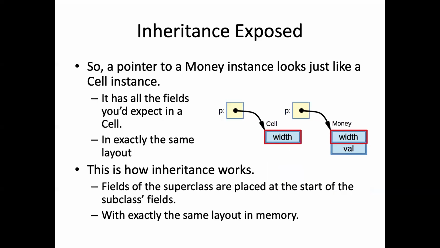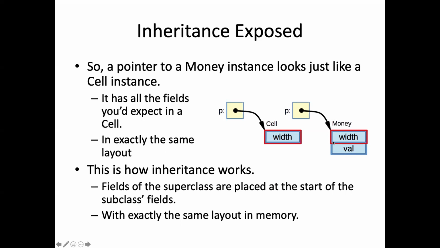Well, if you were looking at either of these structs and you had a pointer to it, if you dereference that pointer, at least with the superclass cell, you would expect to see an integer width field right at the start of the memory where that struct is stored. If you had a pointer to a money object and you dereference that pointer and looked at the first integer right where the pointer points, you'd see the same thing.